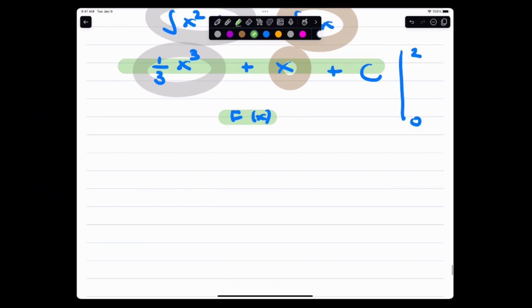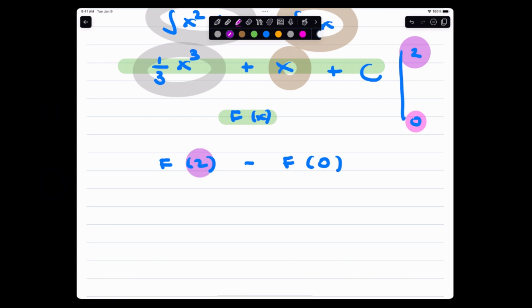So then you say, well, what is this going to be now? So we say, okay, big F of 2 minus big F of what? 0. Purple and what? Pink.